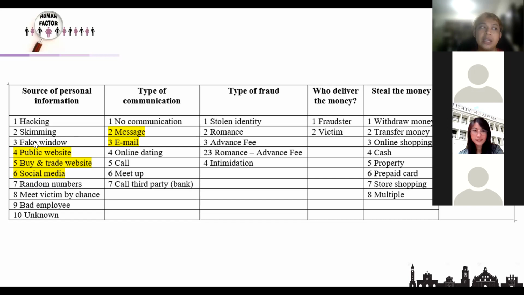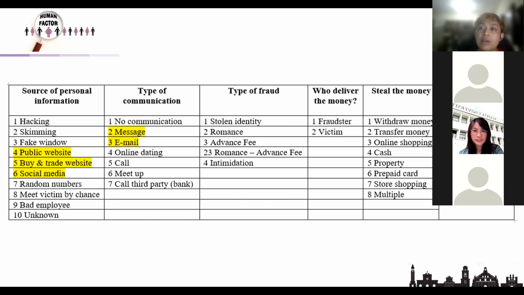Okay, it can be, for example, a fake office. The office is actually fake. From what public website? From Facebook, Instagram, or a buy-and-trade website, social media, or just from random numbers, when someone sends you an email like, oh yeah, this is a free journal, and so on.